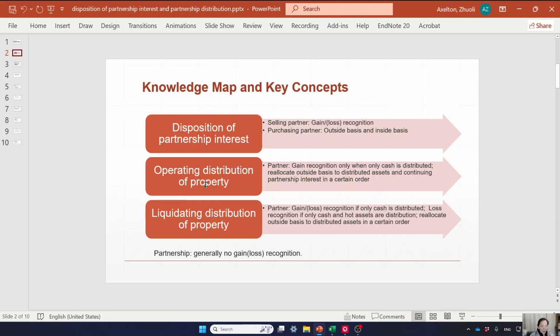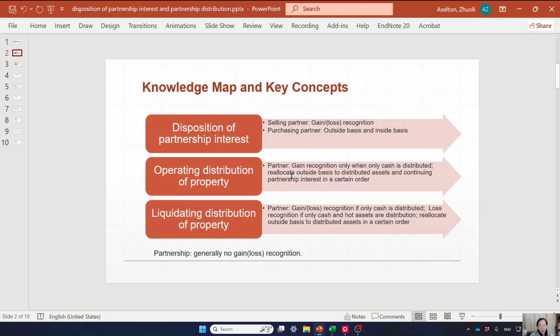For the operating distribution of property, from a partner's perspective, there will be gain recognition only when only cash is distributed. Loss recognition is not allowed.